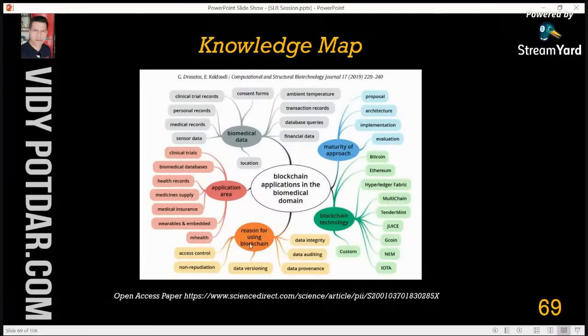For example, reasons for doing blockchain, blockchain technology platforms, maturity of blockchain approaches, biomedical data or what type of data is being considered or covered, what are the application areas. So identifying these different categories of literature is a very complex process, but this is something that you will learn as you read more and more papers.